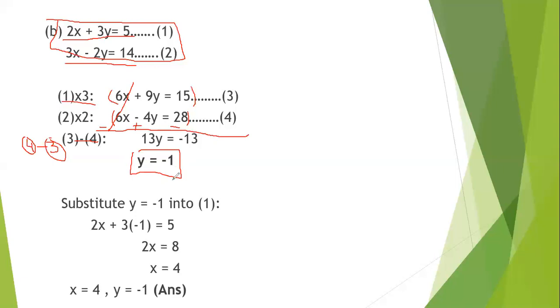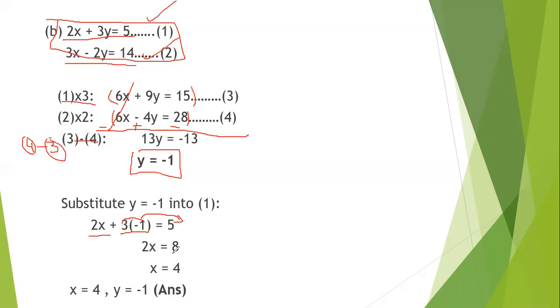Now coming to the next step, substitute this y in any one of the equations. You can put this in 1 or 2. Like we are putting y is equal to -1 into 1. So we have 2x plus 3y, the value of y is -1, that is equal to 5. 2x, it will be -3, and when -3 is transferred to the right hand side, it will become +3.